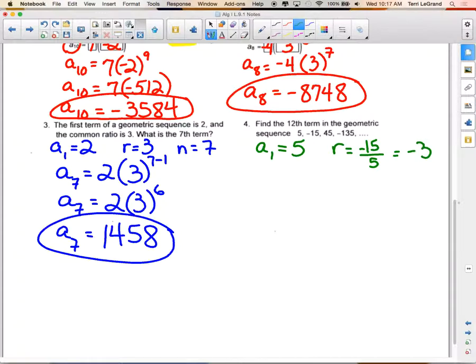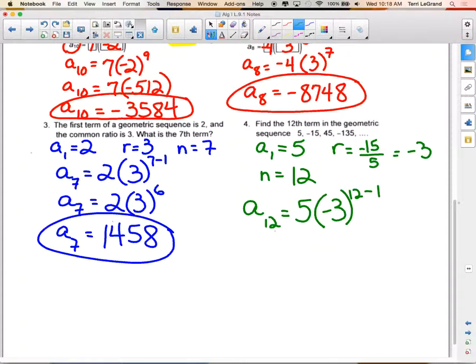And what's our N value? Yeah. 12. Okay, so A sub 12 equals 5 times our R value raised to the 12 minus 1 power.